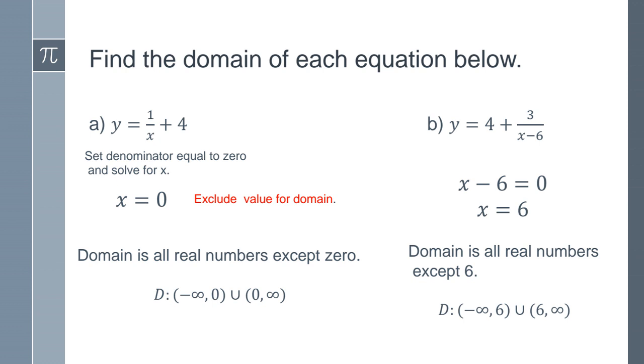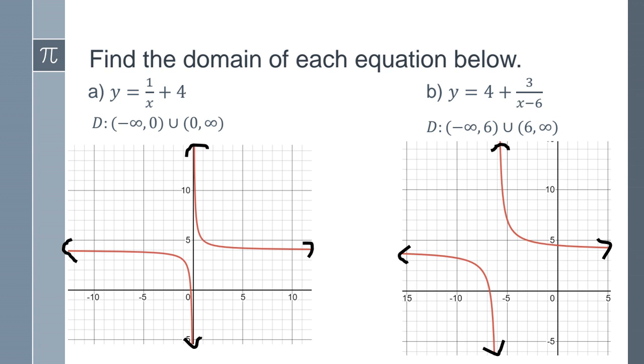All right. So let's look at, if we were to graph these, you can see why the domains are what they are. If you see here on the first one for A, left of 0, we have an arrow that's going forever to the left. And the arrow here is going forever down, but it's never crossing or touching 0.